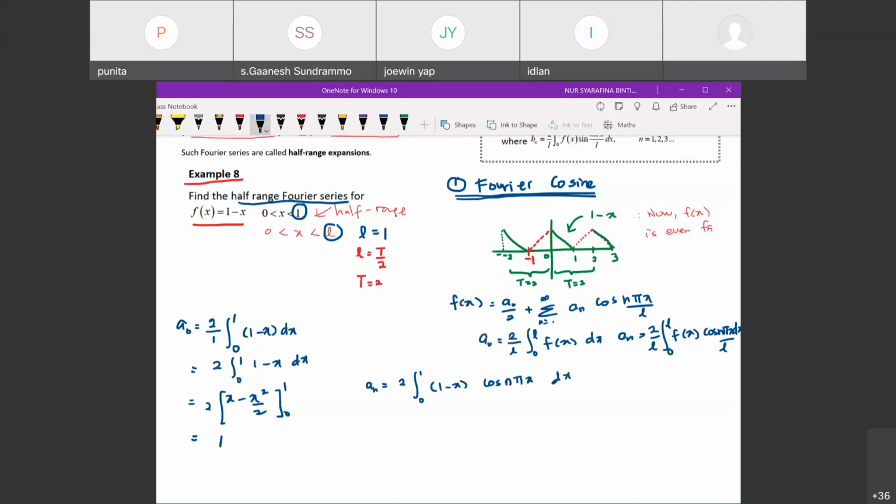So this one is a combination of 1 minus x and cos n pi x, so we can do integration by parts. u equals 1 minus x, du equals minus 1 dx, dv is cos n pi x, with v as sine n pi x over n pi.